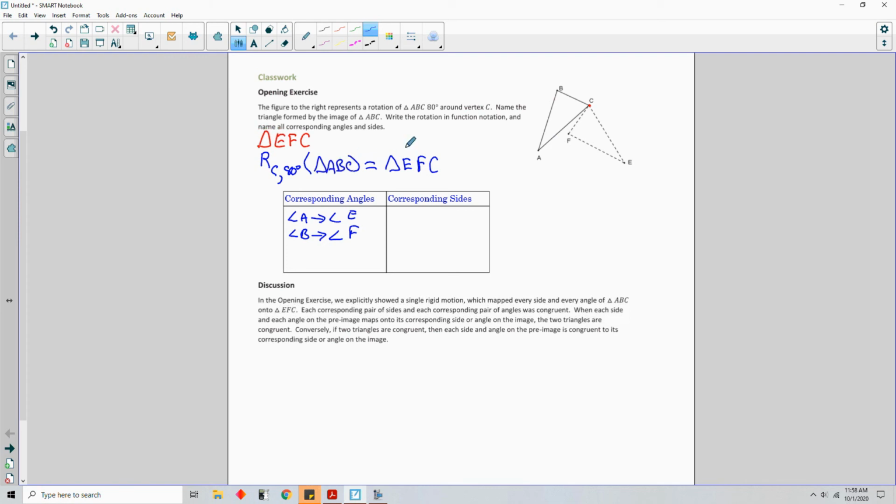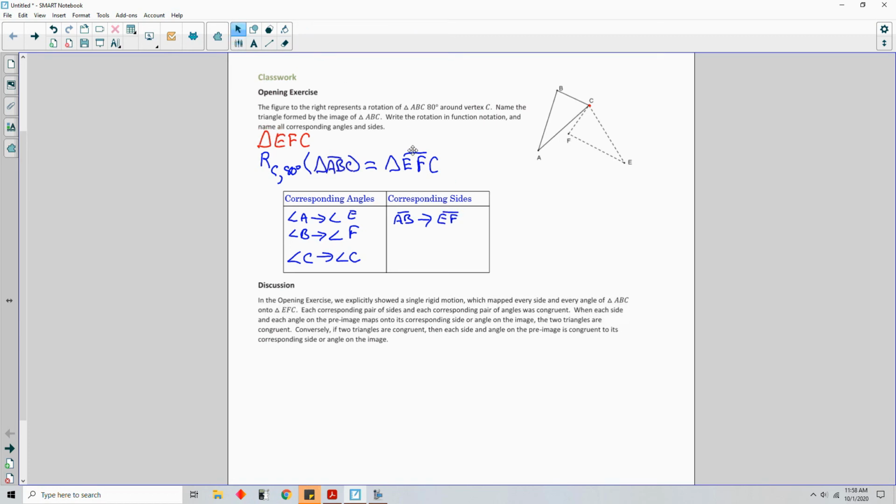A goes to E, B goes to F, C goes to C. Angle C corresponds to angle C. And then AB is the first two letters of this triangle, so I'd say side AB. AB corresponds to the first two here, so it's EF.